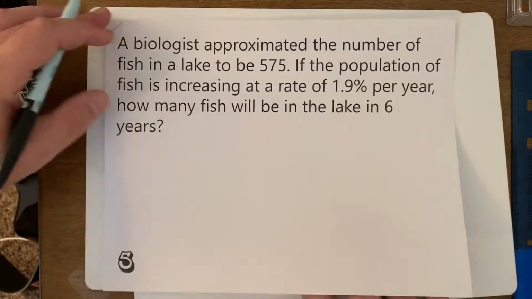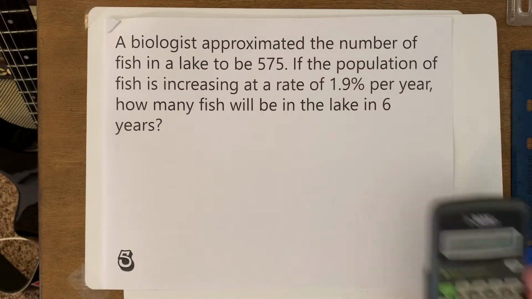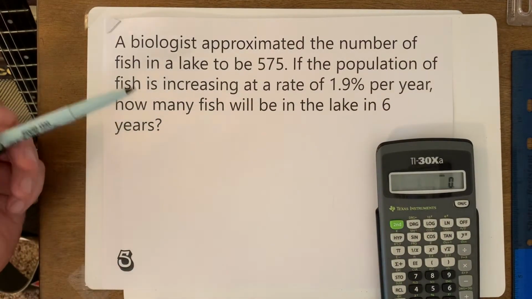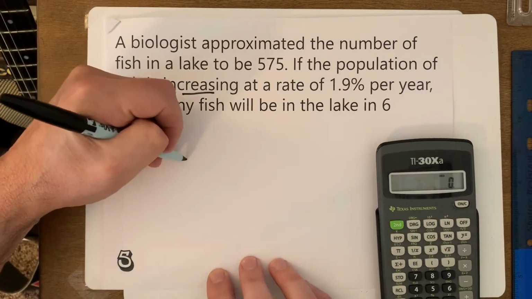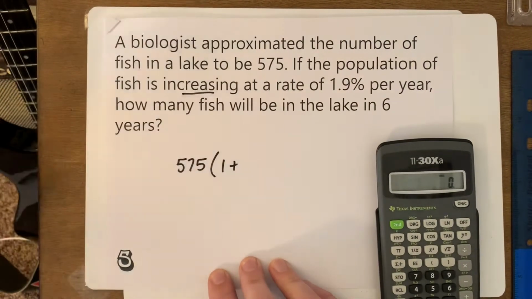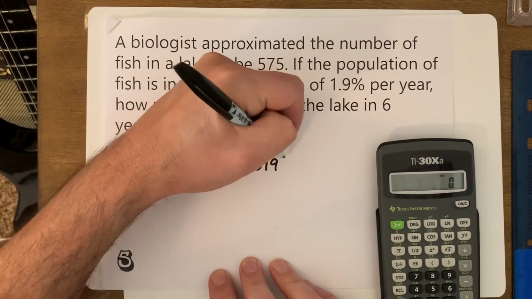Okay, our next one, a biologist approximated the number of fish in a lake to be 575. If the population of fish is increasing at a rate of 1.9% per year, we do see increasing, how many fish will be in the lake in 6 years? All right, so we're starting with 575, 1 plus 1.9%, 0.019.